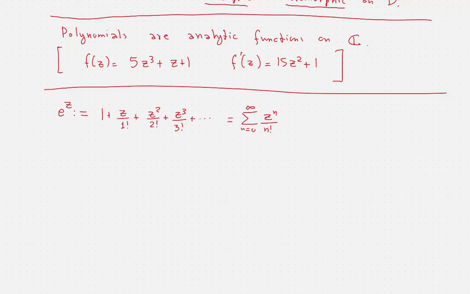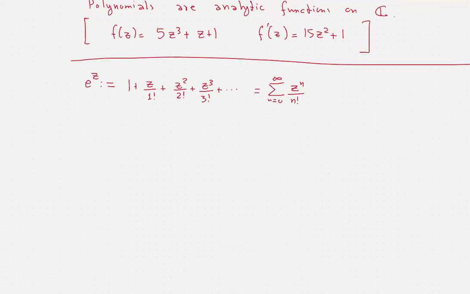And of course, it satisfies Euler's formula. It turns out that e to the ix is cosine x plus i sine x. That's a very interesting formula that we get if we restrict the variable to be ix, and we recall our formulas for the cosine function and the sine function.